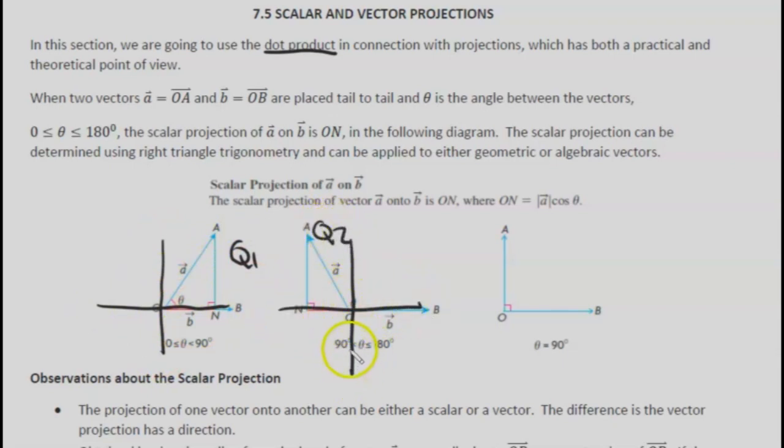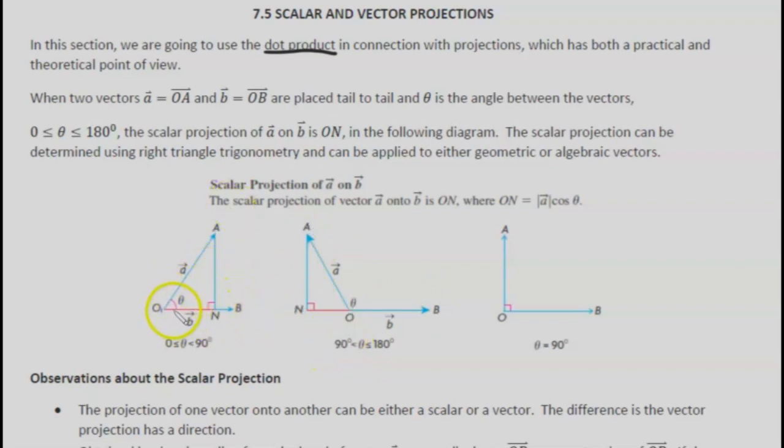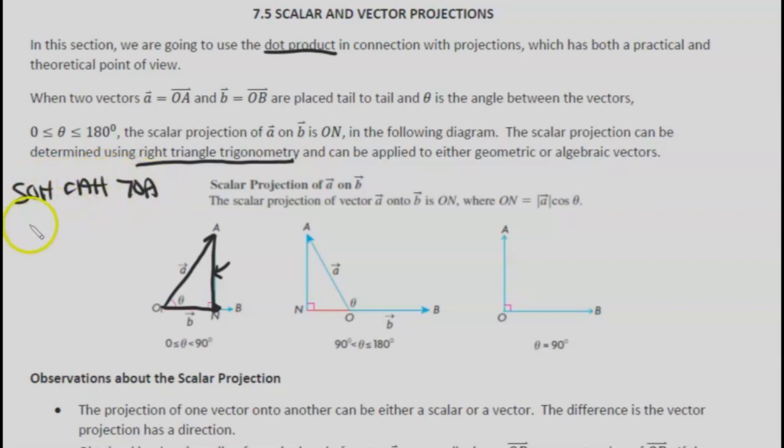So you have to think of this: if we have OA and OB, then this right here is the projection of A onto B. That just looks like we completed the triangle, and we use right triangle trig, in other words, SOHCAHTOA and Pythagorean's theorem, to apply geometric and algebraic vectors. So let's write SOHCAHTOA and then Pythag, Pythagorean's theorem.